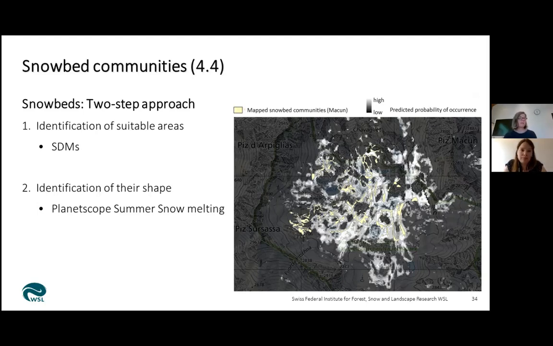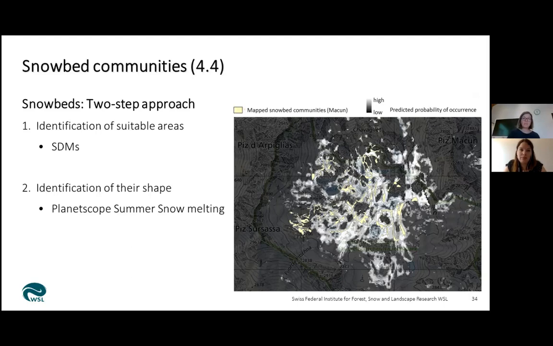So we used that approach to identify potentially suitable areas, and then we restricted the modelled area by trying to identify areas that had snow cover in June and no more snow cover in July.